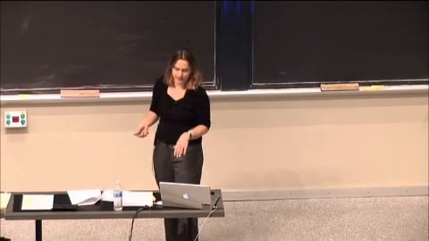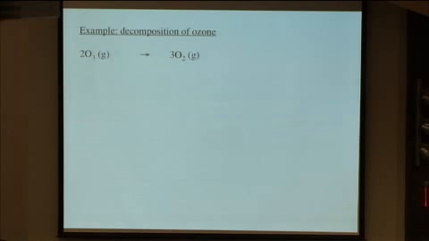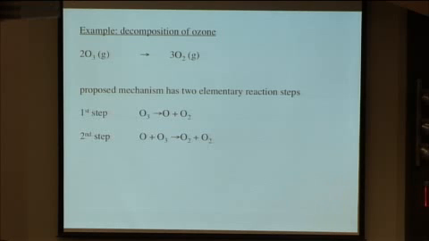So let's just look at one example very briefly. Here we have the decomposition of ozone, which is another environmental issue that you will be faced with in your lifetime. So this is the overall reaction, and you can't use the stoichiometry to figure out the order of the reaction, but if you divide it up into elementary reaction steps, then you can use the stoichiometry to write the rate law for each step of that reaction.